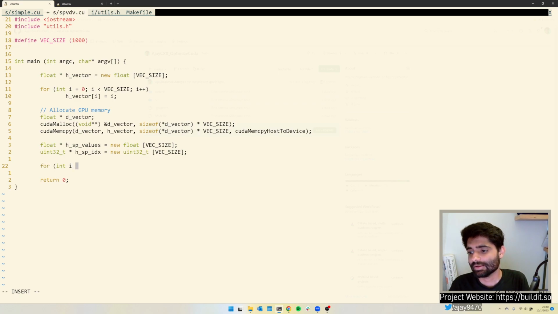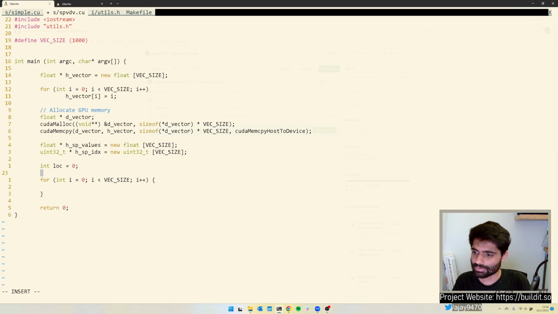So for int i equals 0, i is less than vec size, i plus plus. We also need an int location equals 0. Actually, I should decide how many non-zeros I want.